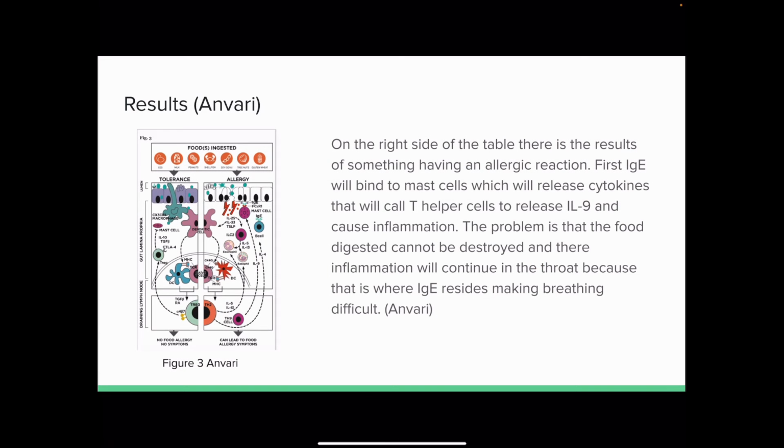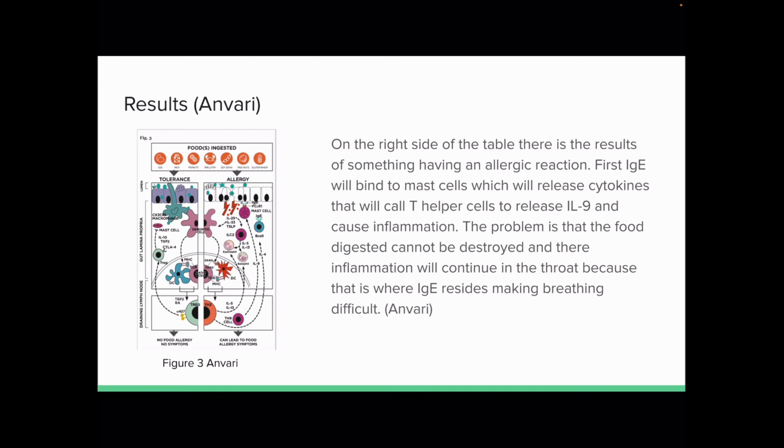So here's a figure from the first paper I will be reviewing. On the left side, we have what would normally happen if your IgE did not recognize any of these foods as foreign. But on the right is if they do and they cause an allergic reaction.